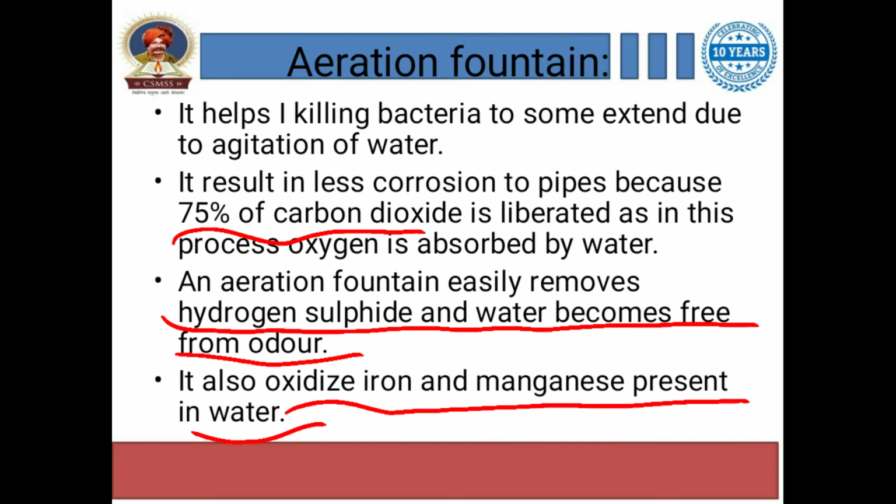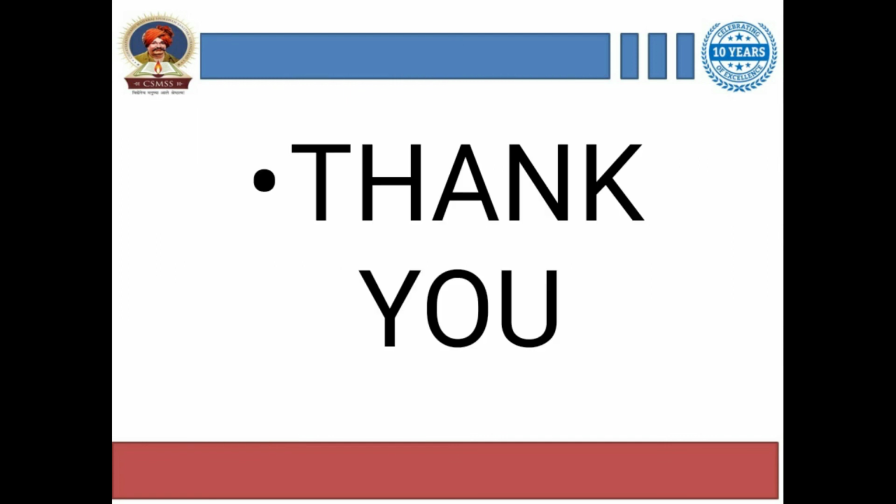So write down all this description in your notebook. We have already seen the diagram or image for the aeration fountain. So these are all the types of aeration methods we have seen.